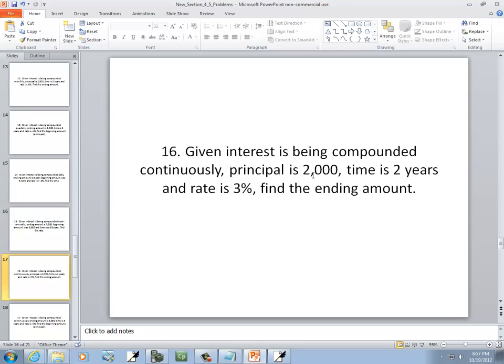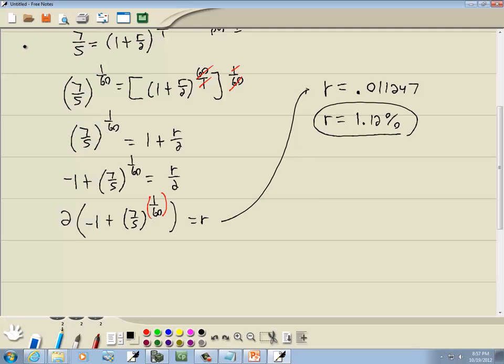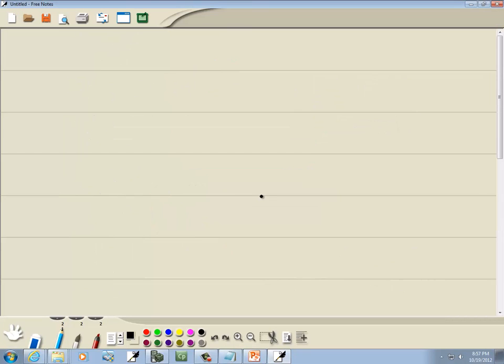Now let me start a new page since we're going to the next type. Now you're finding interest again, but this time they now say continuous. So it says continuous. This is the PERT formula. So we got A is equal to P times E to the RT power. Now A is our ending amount still.